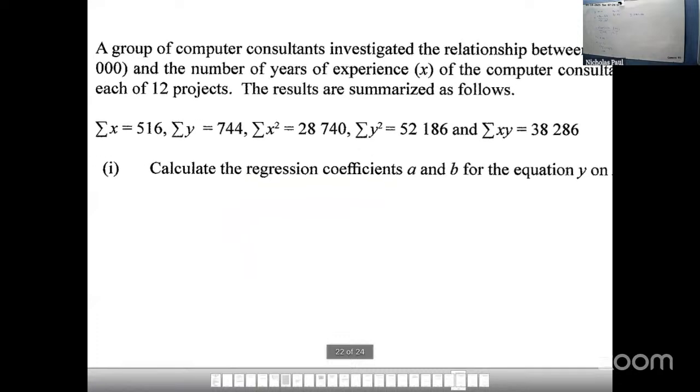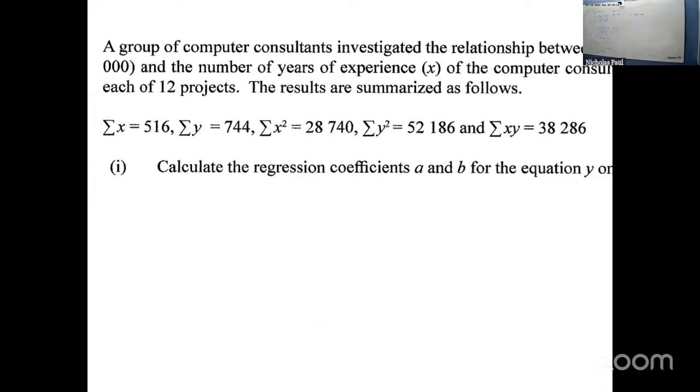Find A, find B, and find R. If we get that right, we might be almost done. Take your time. Try that, please: find A, B, and then find R, and comment on R.